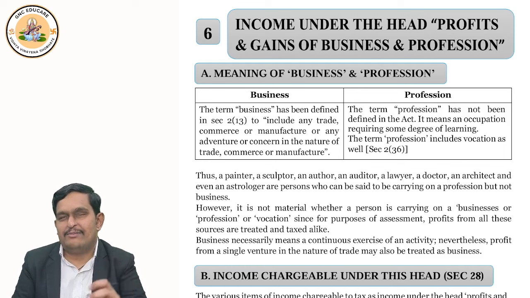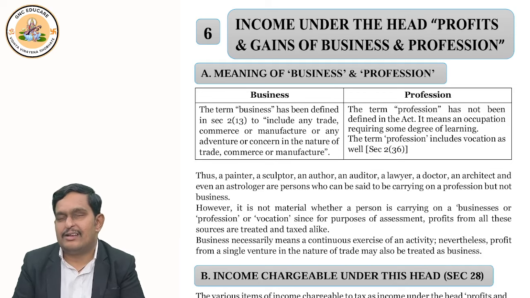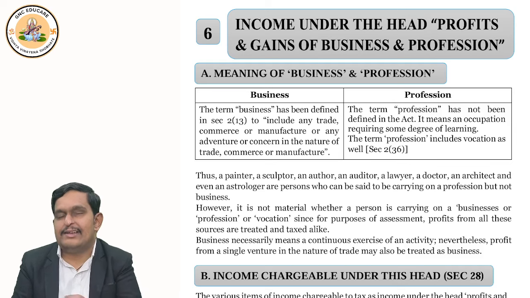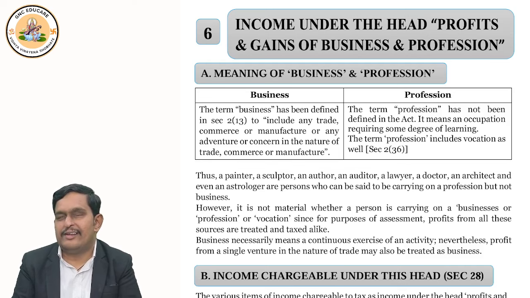So if it is a one-time trade transaction, or one-time commerce activity, or one-time manufacturing, we also include it in the business definition. So section 2 clause 13 says business means trade, commerce, manufacture, or any adventure in the nature of trade, commerce, manufacture. Then comes profession. There is no definition of profession.